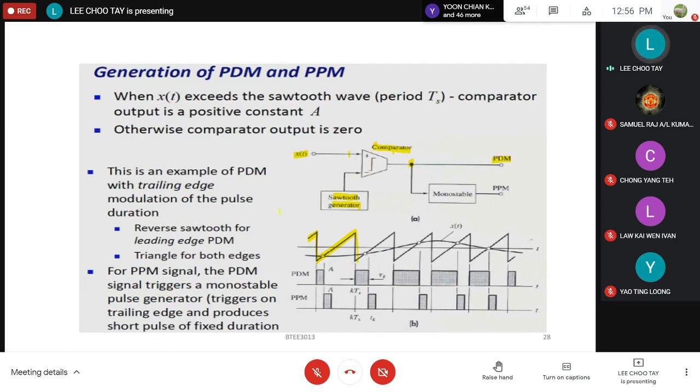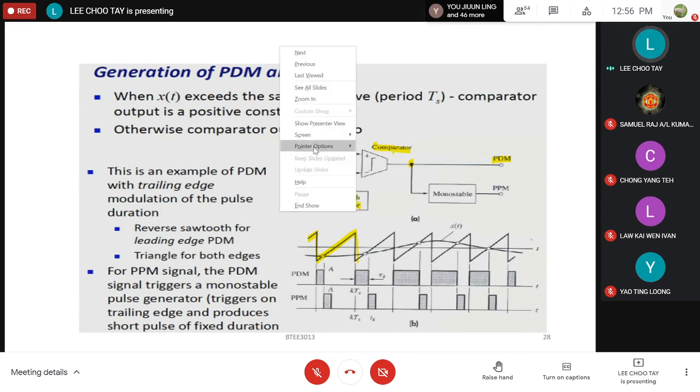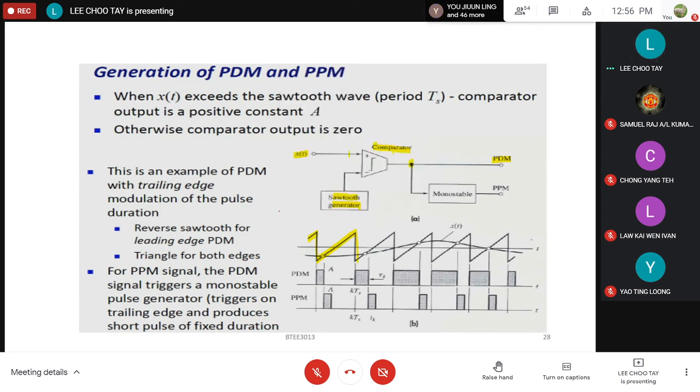Okay, so now if you compare these two signals, this is my XT, the red color.